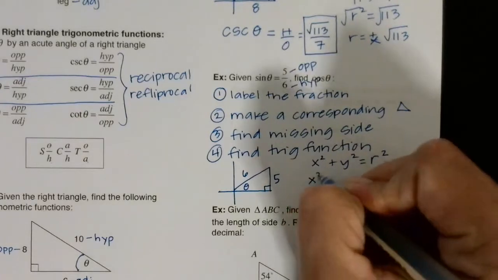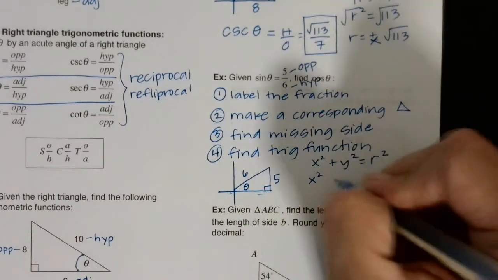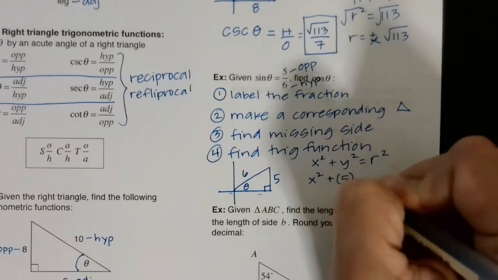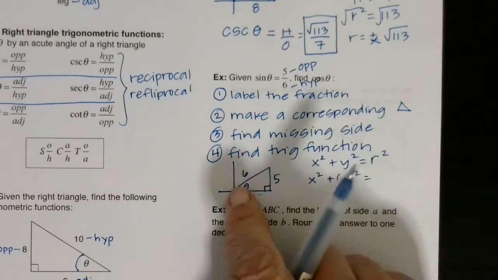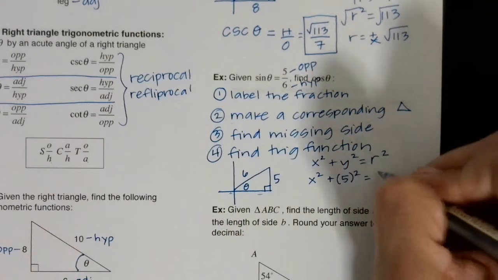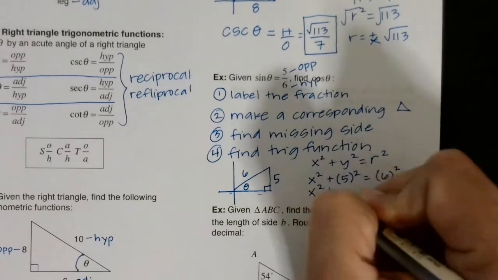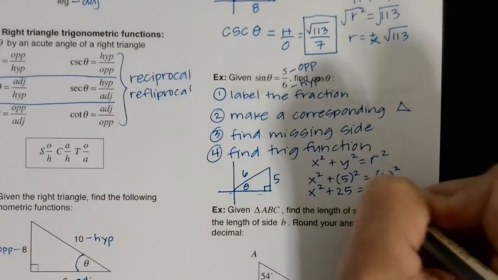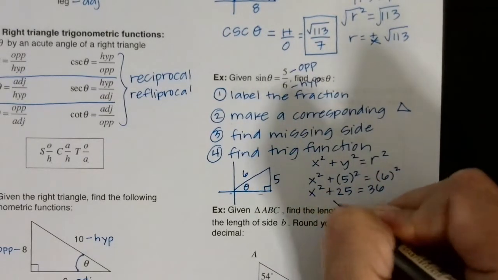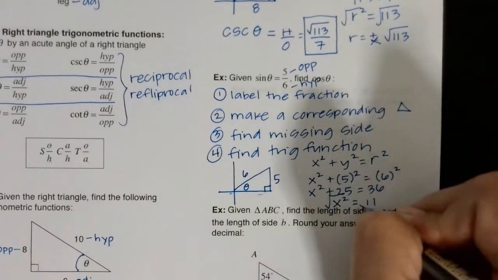I don't know the horizontal, so I'm going to call that x, so that's x squared. And then y squared is 5 squared, and your hypotenuse is considered your radius, so that's 6 squared. So be careful, x squared plus 25 equals 36, subtract 25, so x squared equals 11, square root.